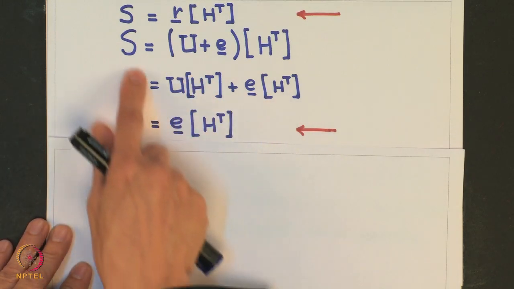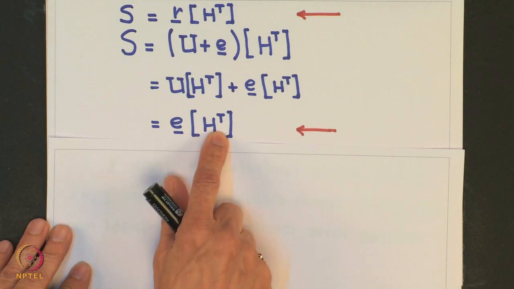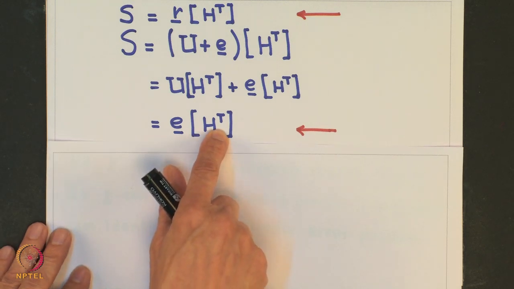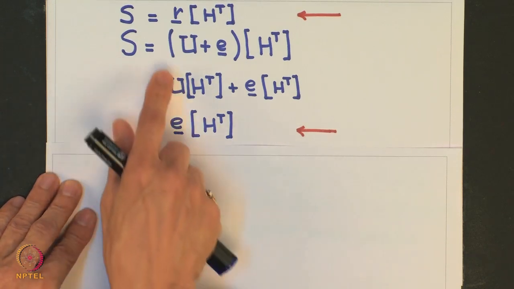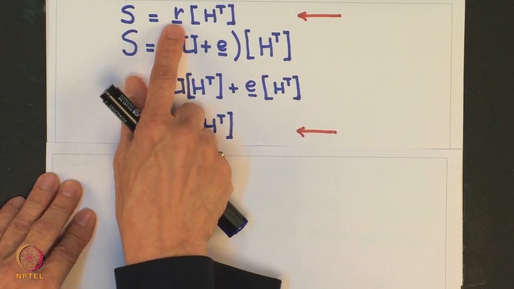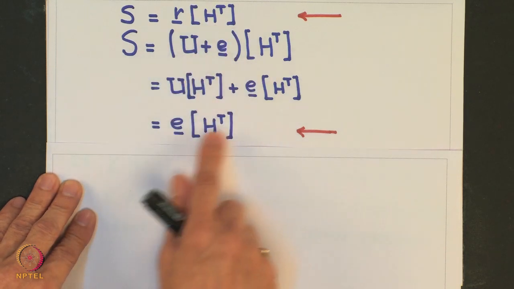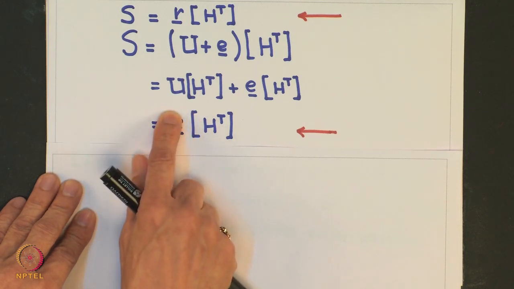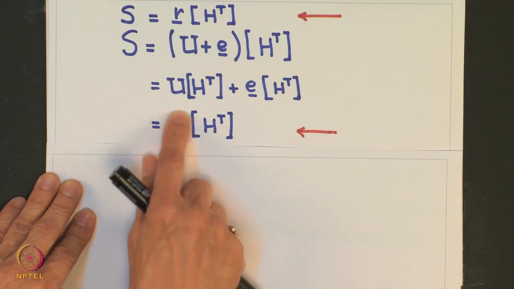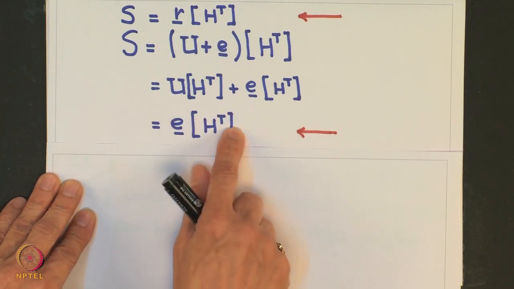So, the result would be E multiplied by H transpose. So, what this result shows is that the syndrome which we get on multiplying the received vector by H transpose is the same as the syndrome which we will get if we take the error pattern which has corrupted the transmitted code word and multiply it with H transpose.